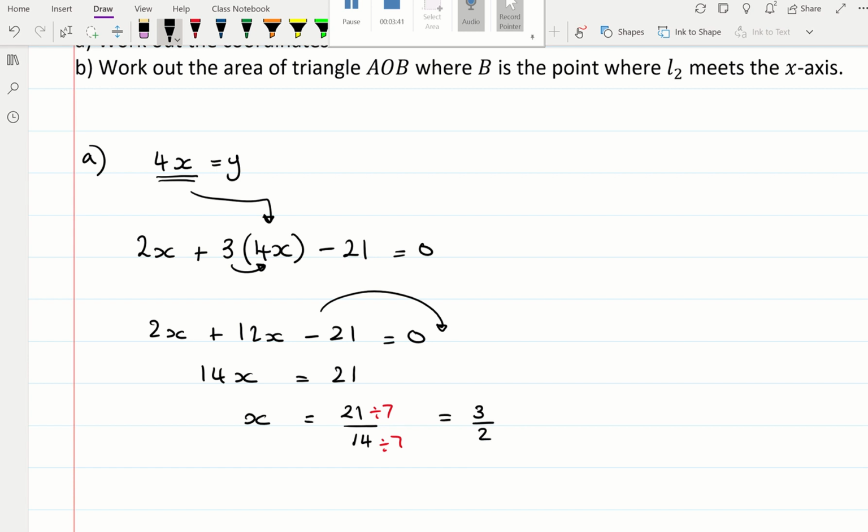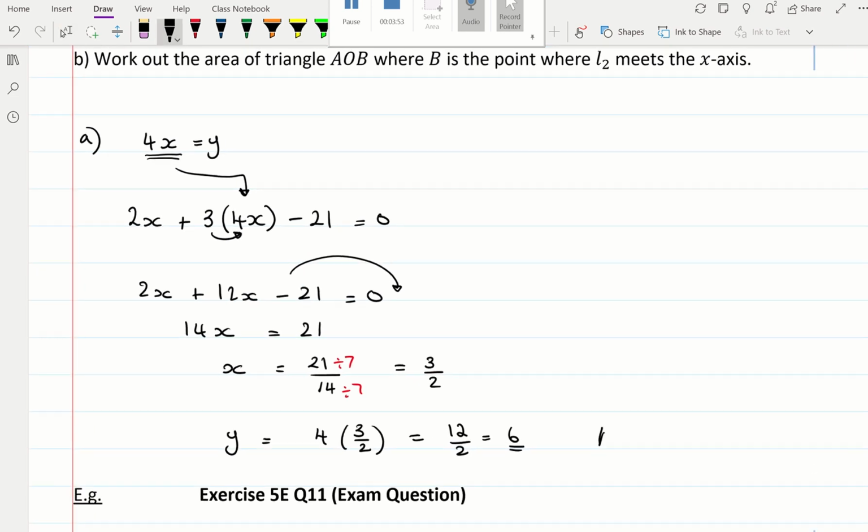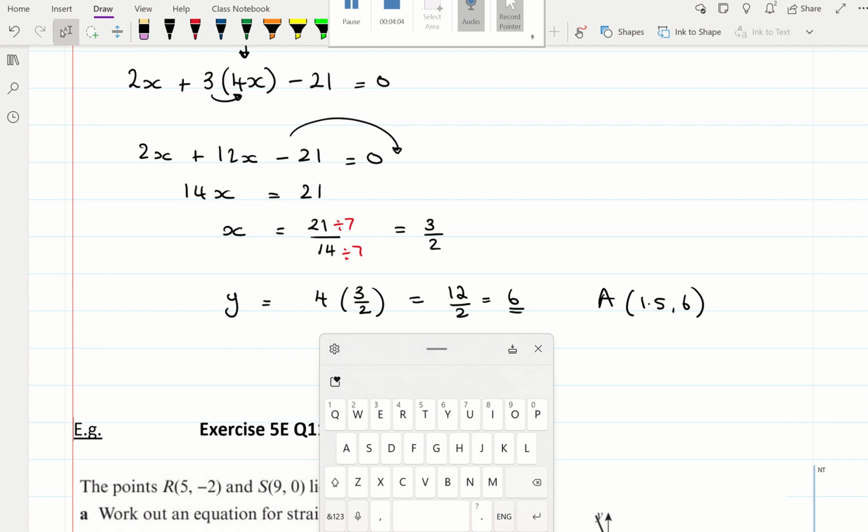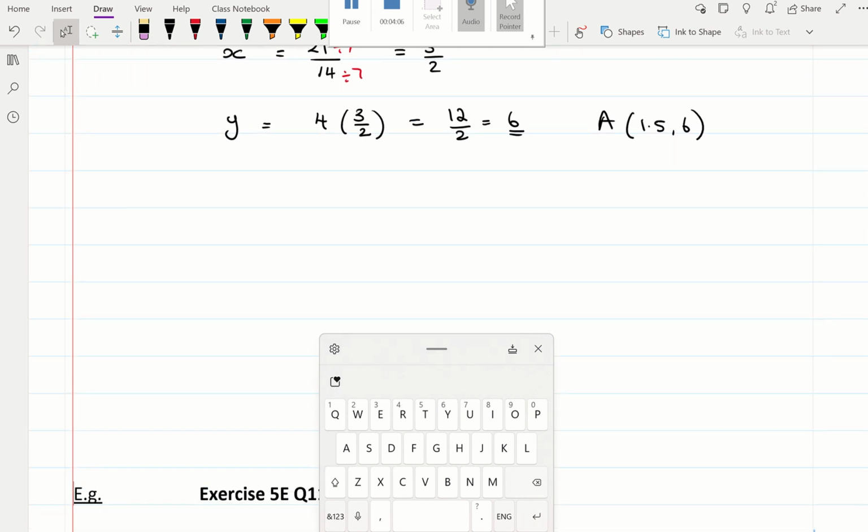So that's x is 1.5, y is 4 times 1.5, 12 over 2, which is 6. So the coordinate of A is 1.5 and 6.